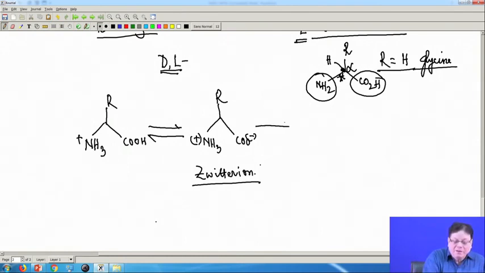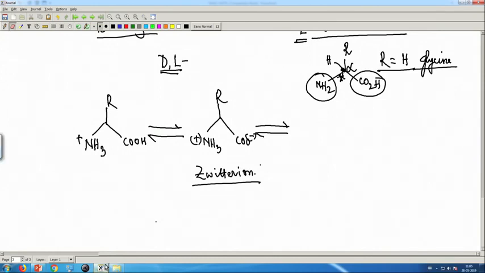If you increase the pH further, the next proton that can be abstracted is from the NH3 plus. That will be abstracted by the base, and in the process you will get the NH2, with CO2 minus. So, this is the end.